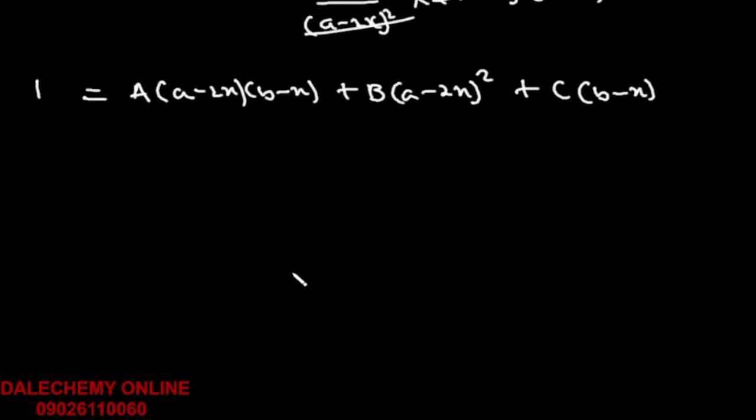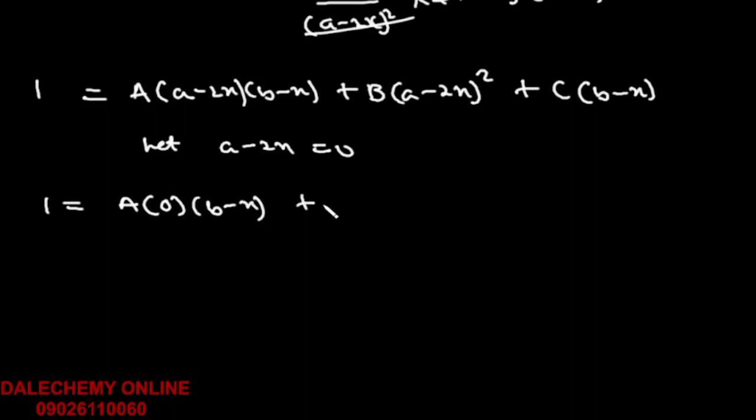Now how do we get the value of a, b and c? If you want to get the value of, for instance, c first, we can say let a minus 2x equal 0. If a minus 2x equals 0, that means we're going to have 1 equal a in bracket of 0, because this is now 0, times (b minus x), then times b, then this equals 0 squared, then plus c.